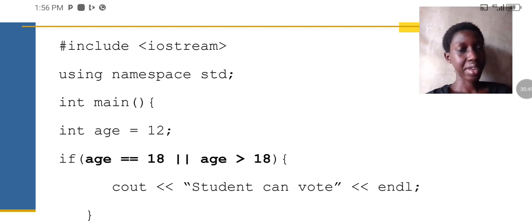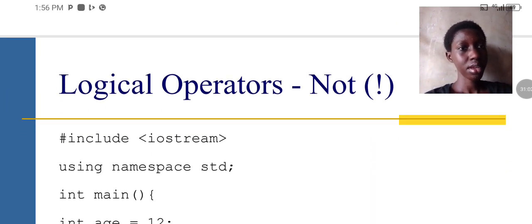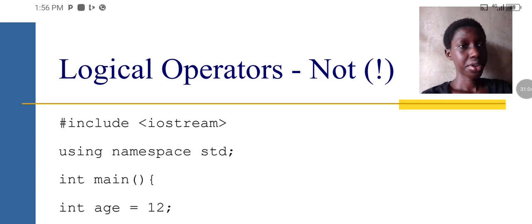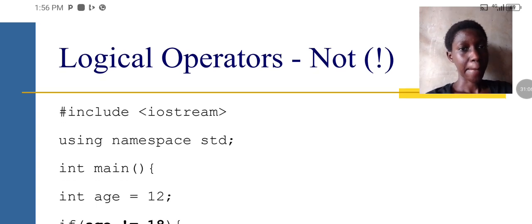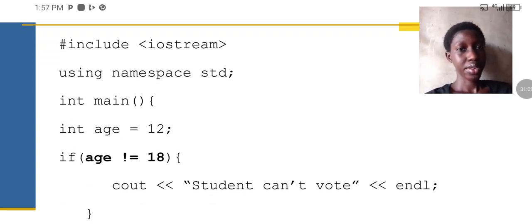Whatever age the user inputs, if it's equal to 18 or greater than 18, then we instruct the compiler to display that students can vote. This is also the logical operator not, still using the selection statement, and we say if the age is not equal to 18, we say the student can't vote.